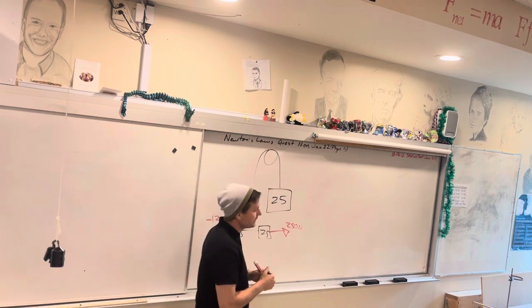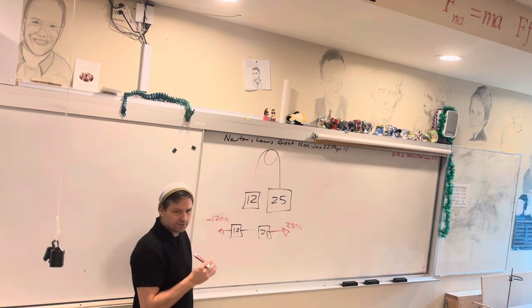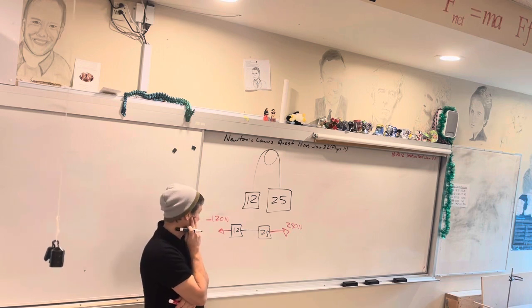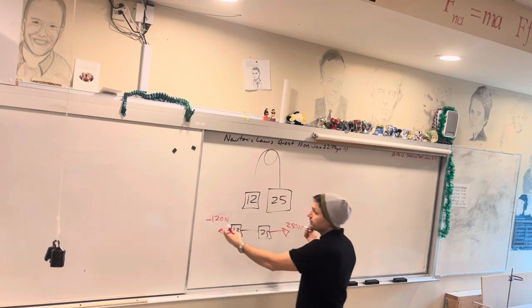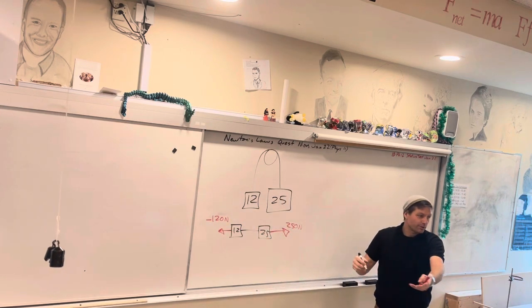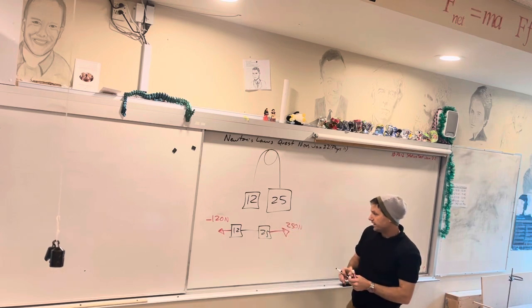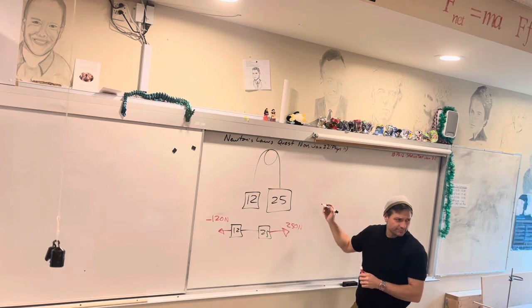Okay, how would I find my net force on this? Good. If you're mathy, we're gonna add them together. And if you're real worldy, you're just gonna say this one wins, and it wins by 130. Is that right?